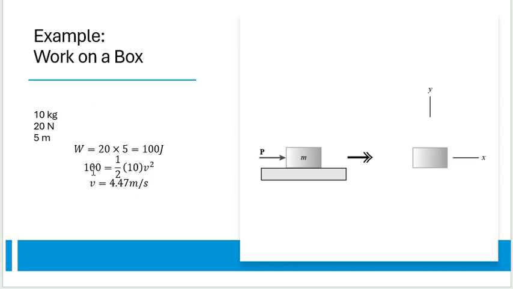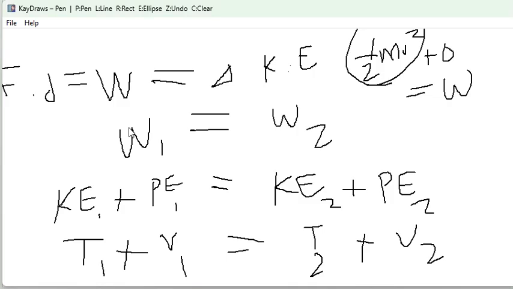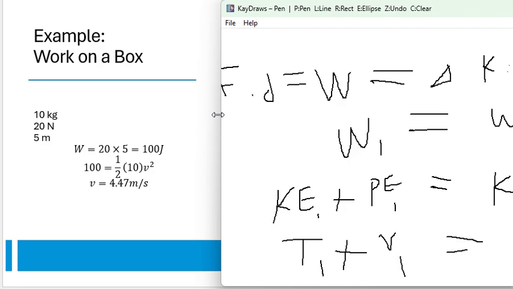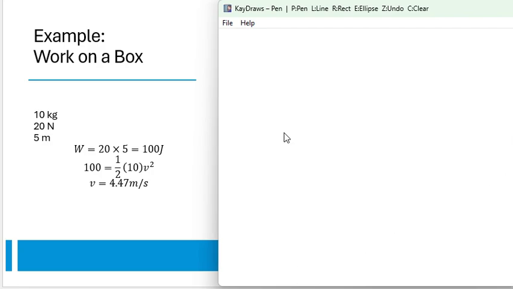And then use that work, set equal to your kinetic energy, which is 1/2 times 10 times v squared. It's going to give you your velocity. Make sure you take the square root. It's easier for me to draw this way.